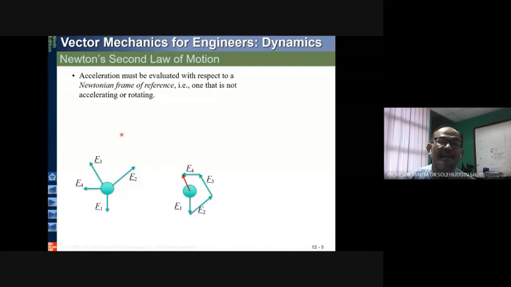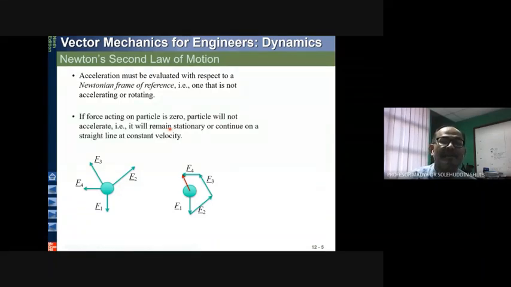Here we have forces F1, F2, F3, and in the next figure you have different forces also.